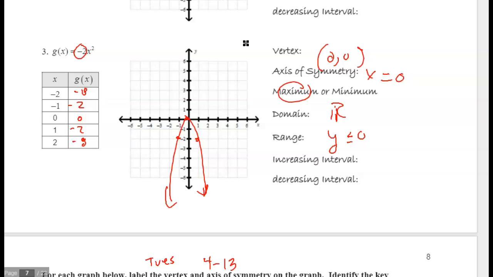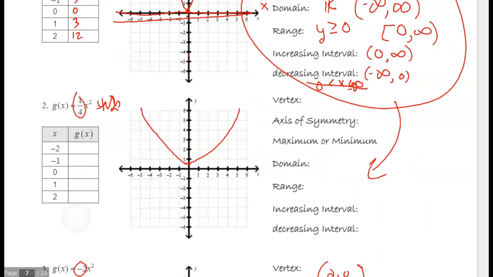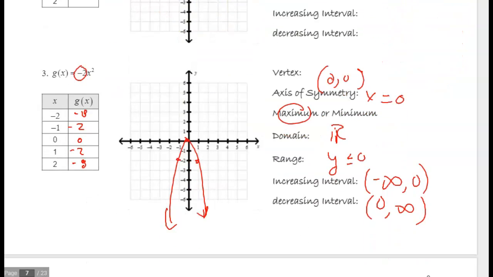Where does it increase? It starts increasing at negative infinity and it increases all the way to 0. Where does it decrease? That's at 0 and it goes all the way to infinity. That's the confusing one when it's negative because it's backwards compared to how you would describe things up there.